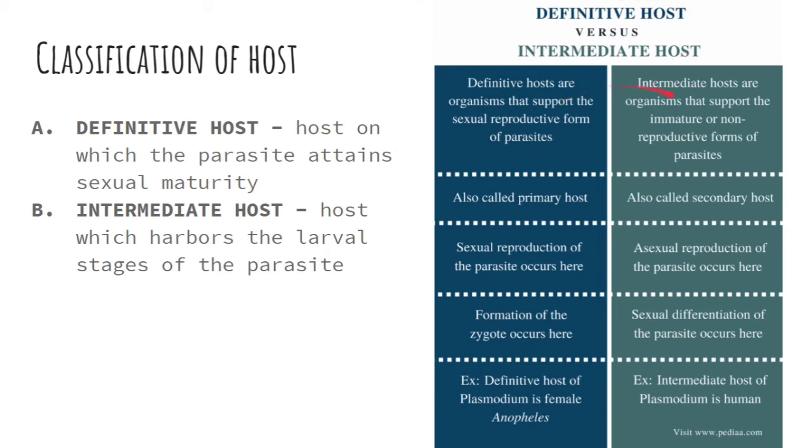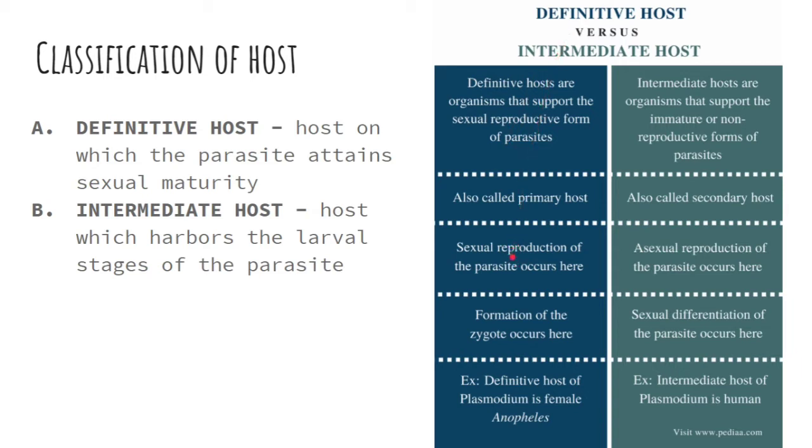Okay, so ito pa po ang more differences ng definitive versus the intermediate host. The definitive host are organisms that support the sexual reproductive form of the parasite. So basically, kapag merong definitive host, since sexual production or sexual maturity, pwedeng present dito is both male and female. Okay? And the definitive host is also known as your primary host.